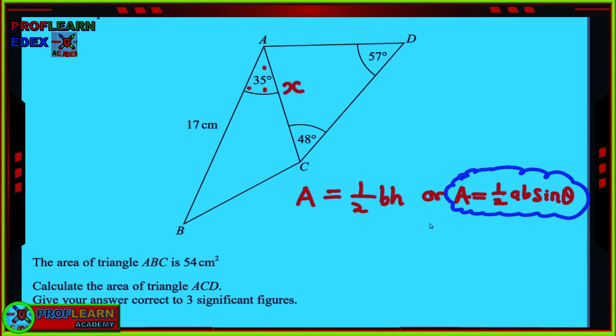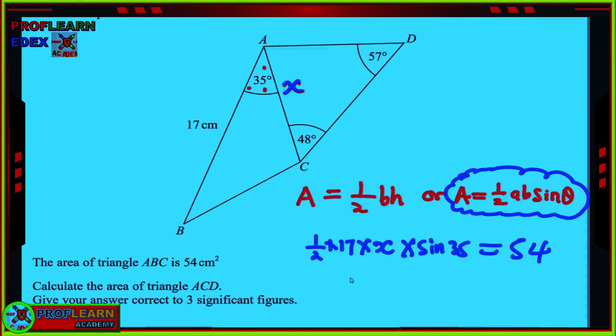We have x as the unknown side. So this is going to be a half times AB, which is 17, times x, a side which we don't know, times sine of 35, and that must give us 54. So you can see we have only one unknown, x, which will enable us to find this dimension here.